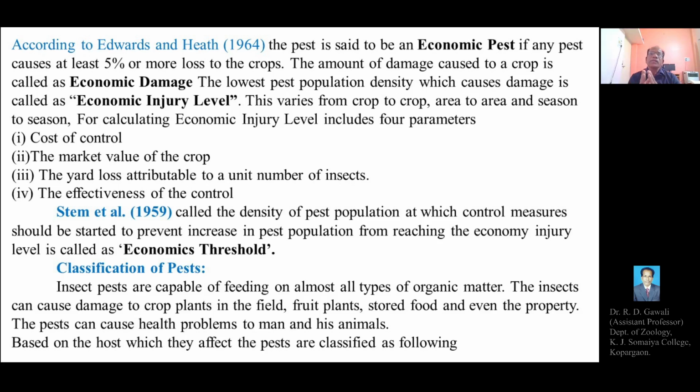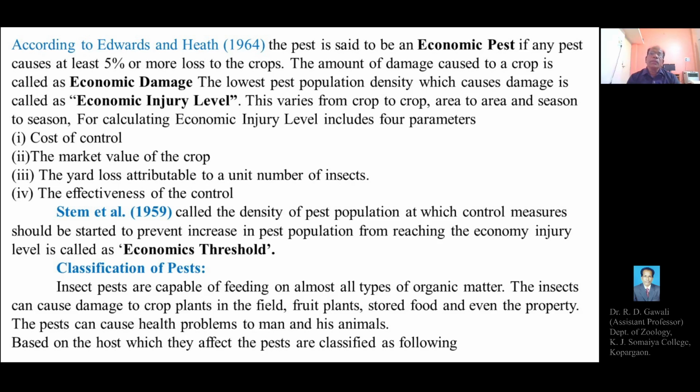There are certain other groups of organisms, like non-insect pests, including vertebrate and invertebrate pests. The vertebrate pests are such as rats, bandicoots, and different animals, even birds and certain other mammals, which attack a variety of crops and cause damage.